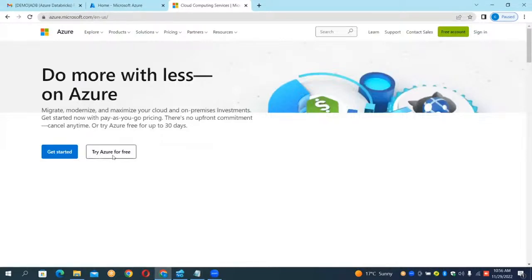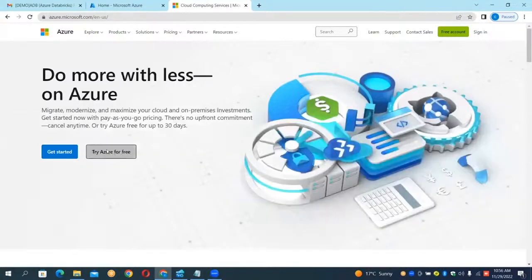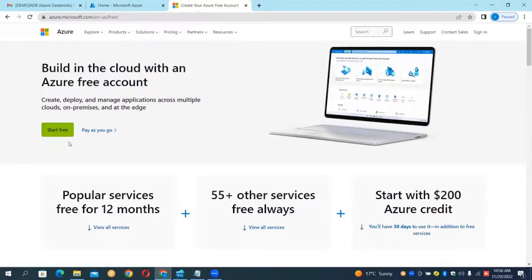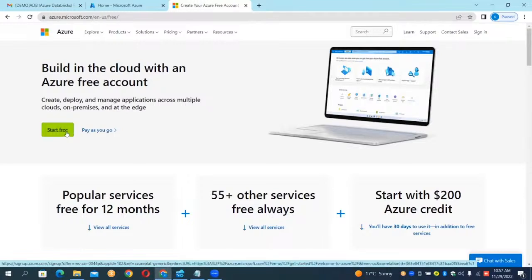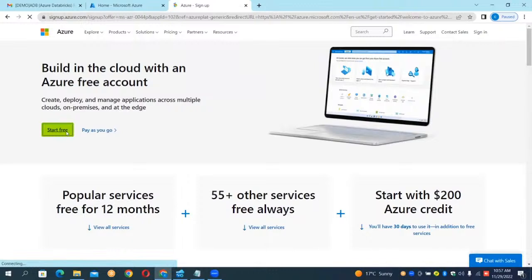Then click on Try Azure for free, or start free. You can click on start free or on the pay-as-you-go model. First, take start free, because it is provided free of cost for 1 month.